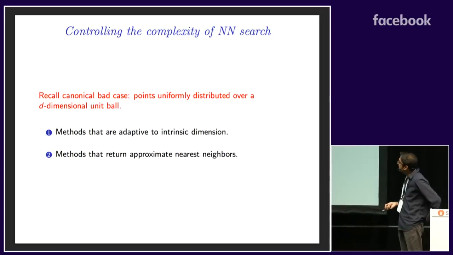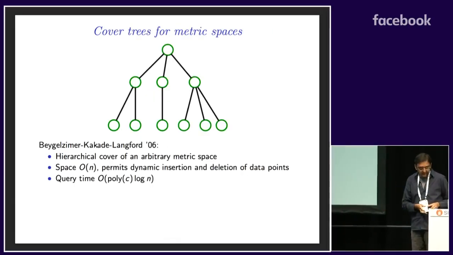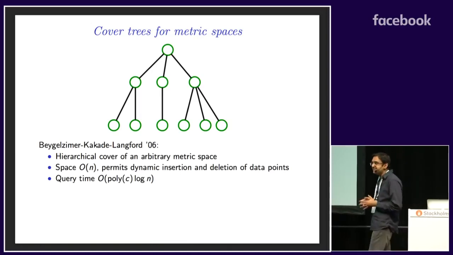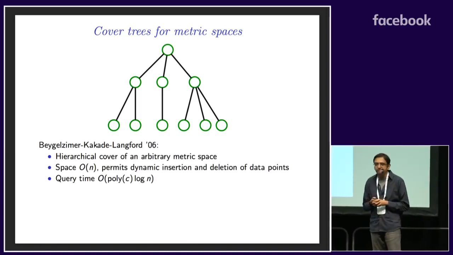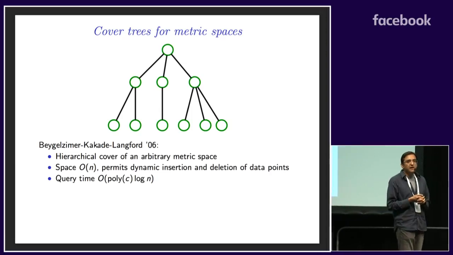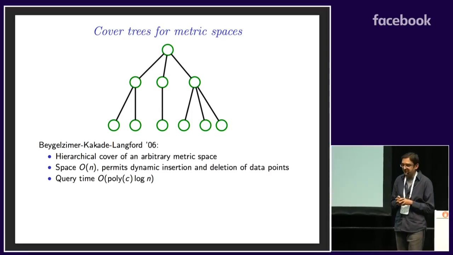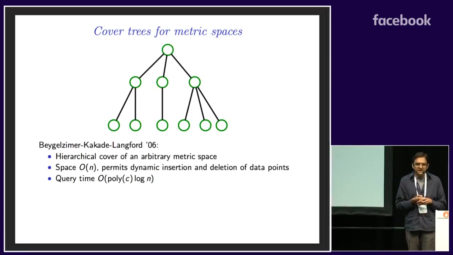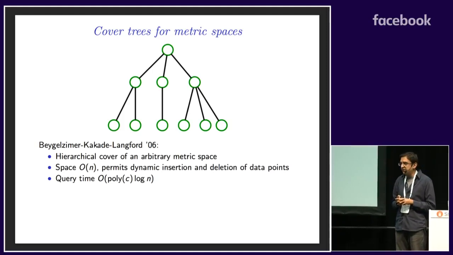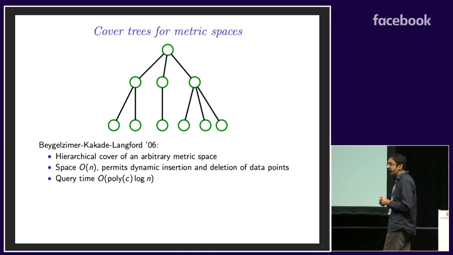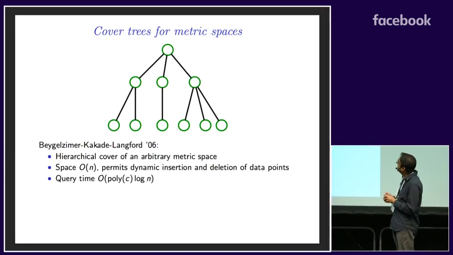So in terms of methods that adapt to the intrinsic dimension, in the 90s, there was a lot of work on this by Ken Clarkson. And this was picked up by various people in the CS theory community, like Robert Krauthgamer and James Lee.